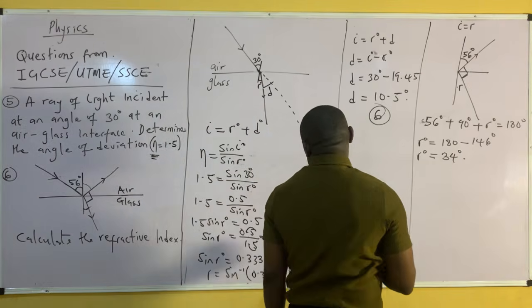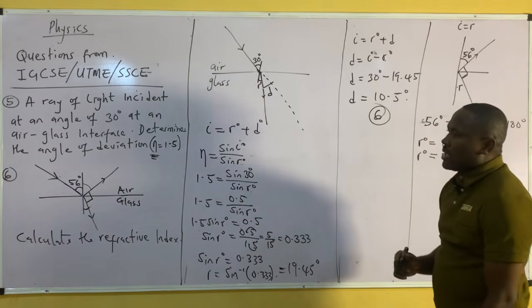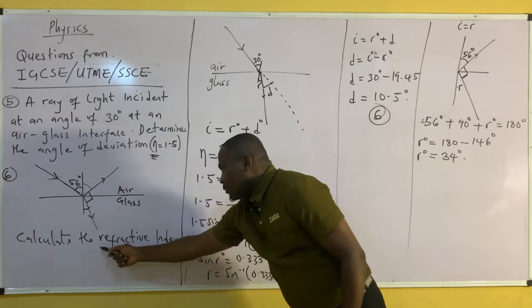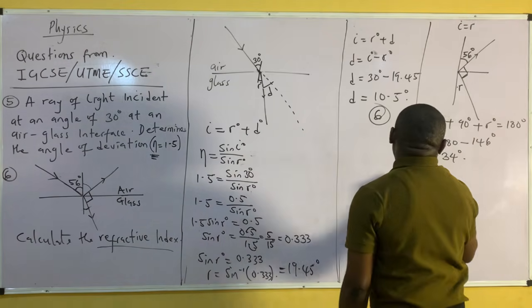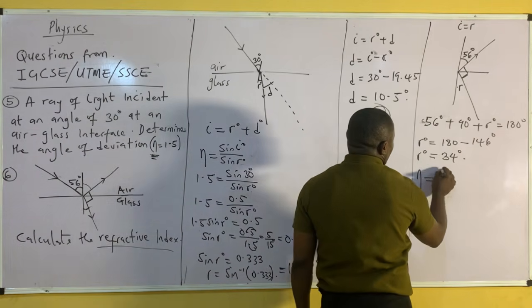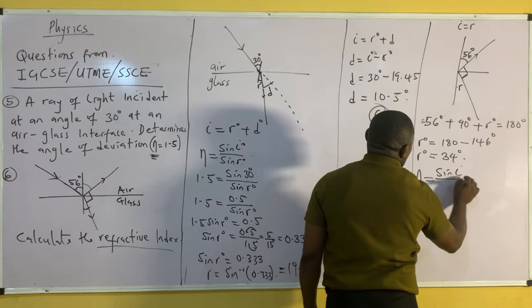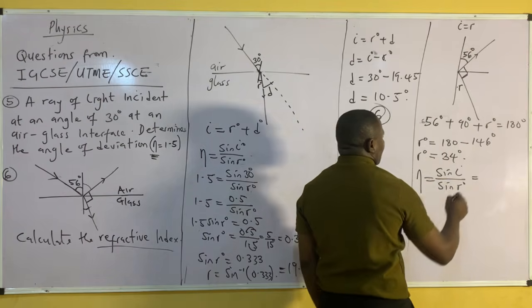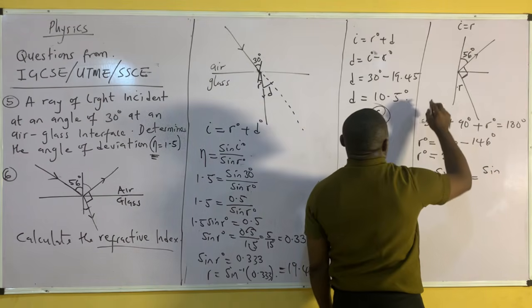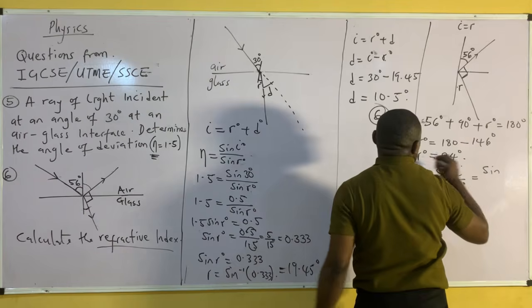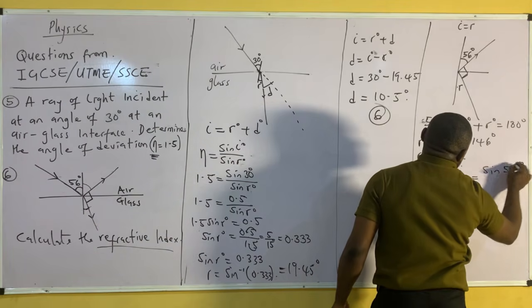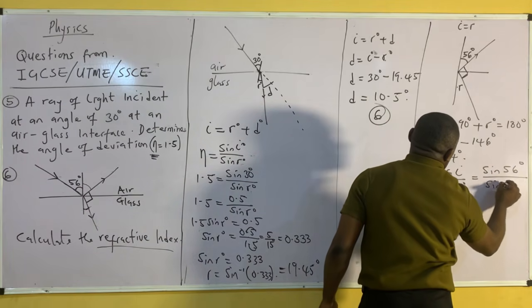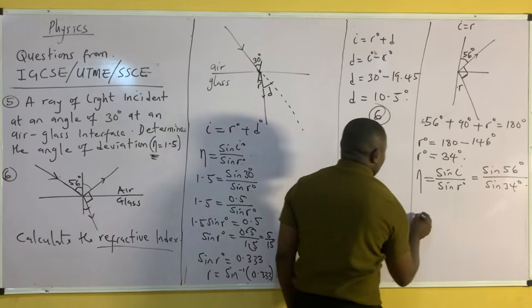Now, if our r is 34 degrees, what are we asked to look for? I'm asked to look for the refractive index. So I'll say refractive index equals sine of incidence over sine of refraction, which is now equal to sine 56 degrees over sine 34 degrees.